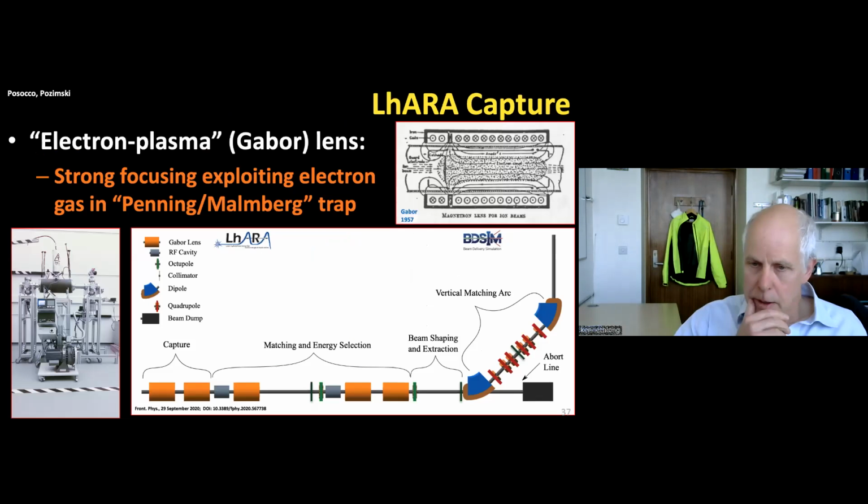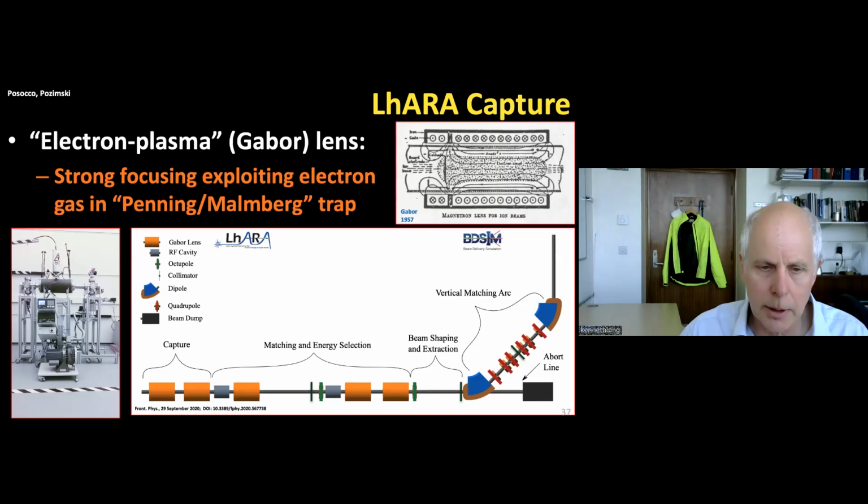Okay. After the production, we need to capture the particles. The key thing here is to do something which is reproducible, can be done every day, is easy to operate, and we hope is cheap, so that it could be used in many places.